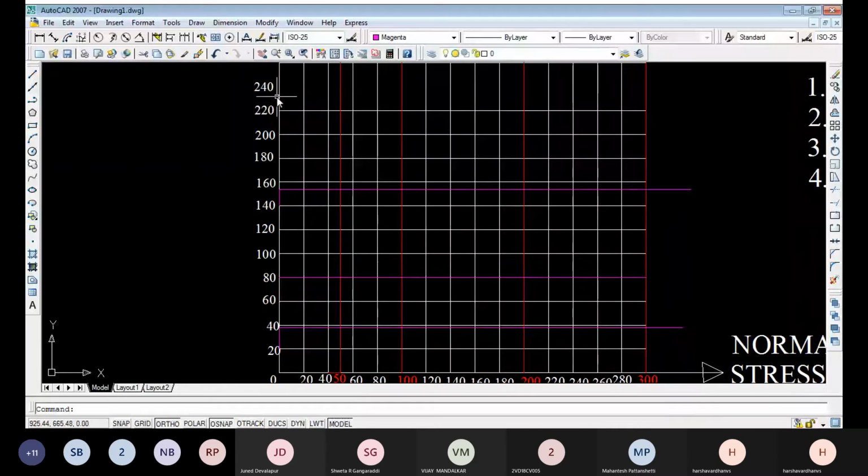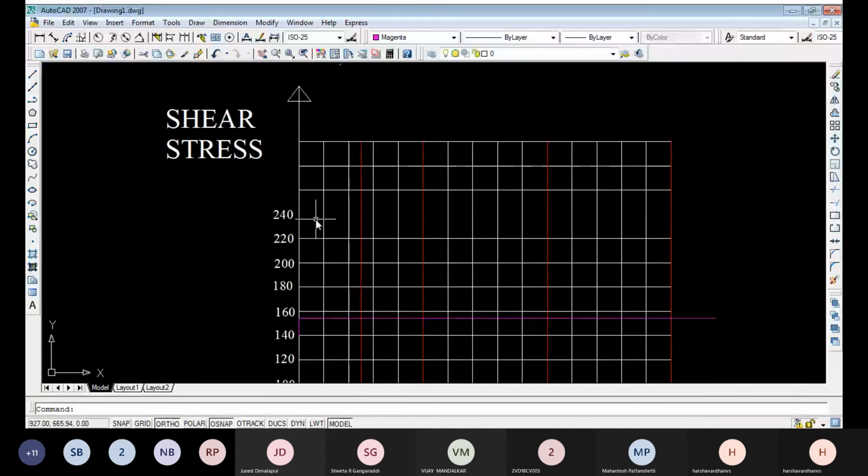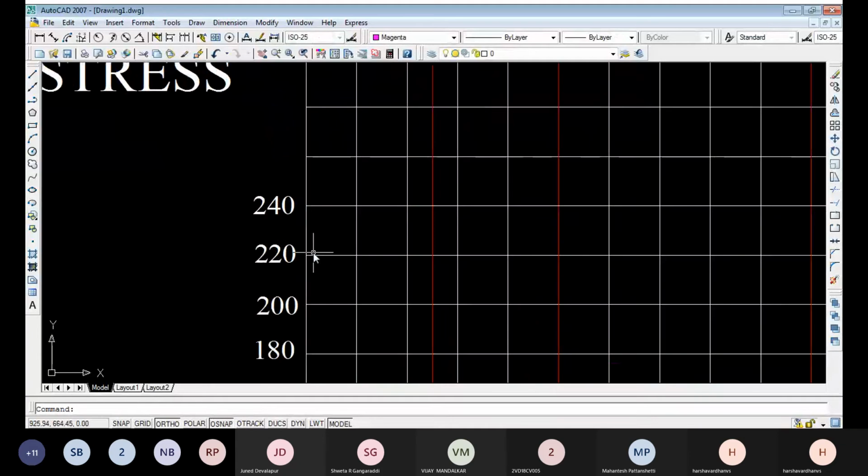Finally, I have 235. So 235 is between 220 and 240.